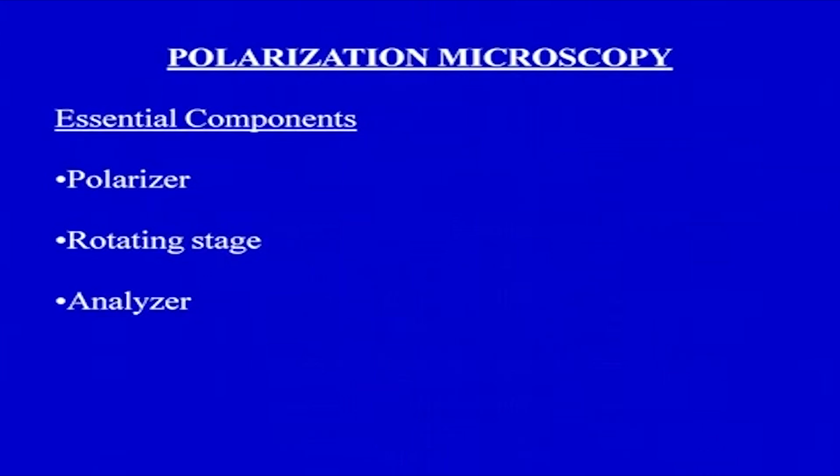The specific components are, like we said, a polarizer and an analyzer. Like I have shown you in DIC microscopy, there will be two, polarizer and analyzer. The polarizer is placed between the light source and condenser, and the analyzer is placed between objective and eyepiece, and we will see in the optics how it works out.